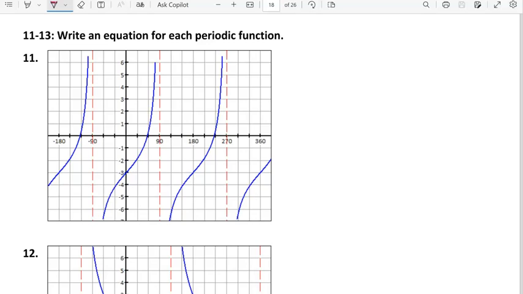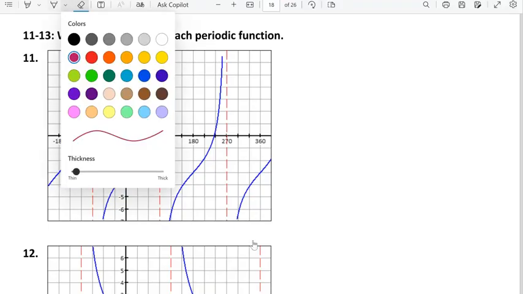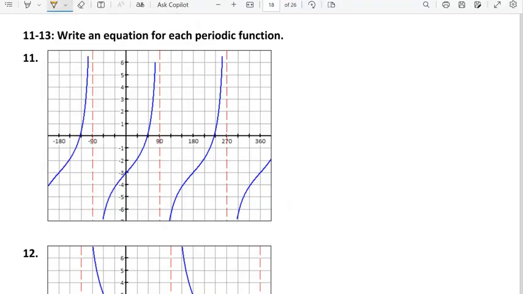For 11 through 13, we're writing an equation for each periodic function. As you might expect, these are going to be tangent functions. For a tangent function, I want to look at the same things that I look at for a sine or cosine function.